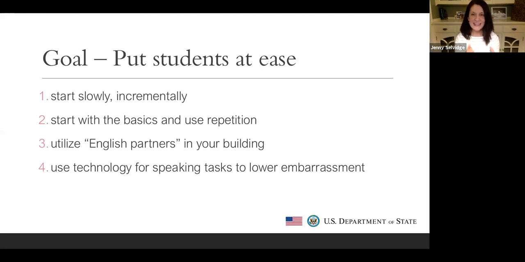So one thing that I would urge you to do is number 3, to utilize English partners in your building. And what do I mean by that? I went to a few elementary schools that I was really impressed with when I was in Japan. The last one I visited was in Western Tokyo. I walked into the building and there was English everywhere, on steps, on signs, everywhere.